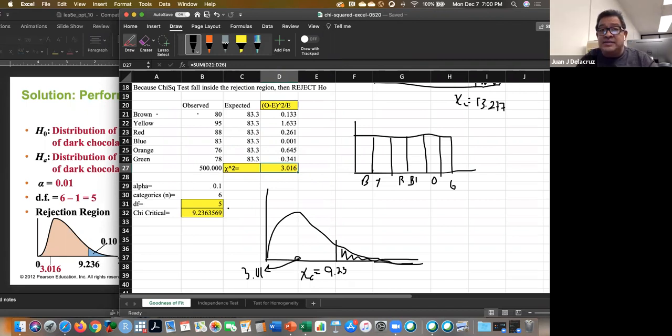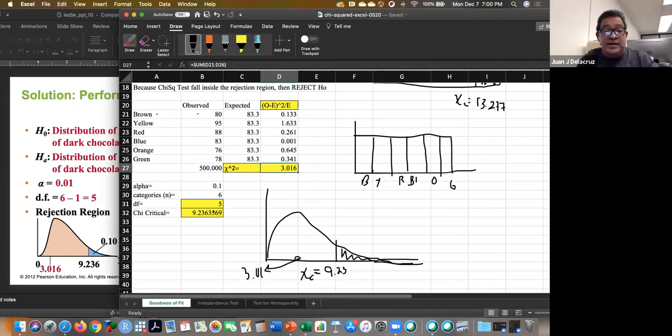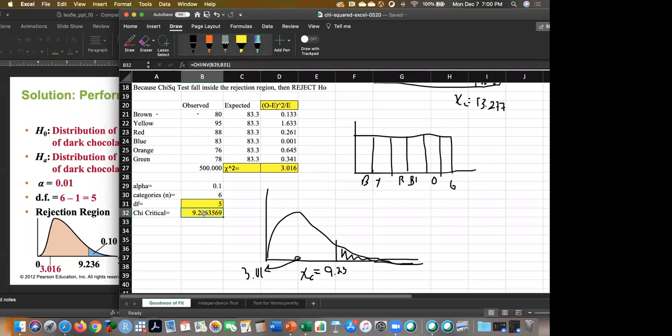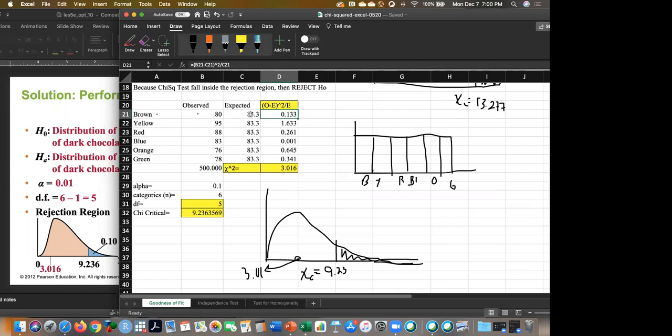Professor, this is Terry. Can we see the formula again? Because I got different numbers. I don't know if I used the right numbers. Which one? The O minus E squared over E on the brown, yellow, red, blue, orange, green. That might be possible. Are you getting different numbers? Yeah.